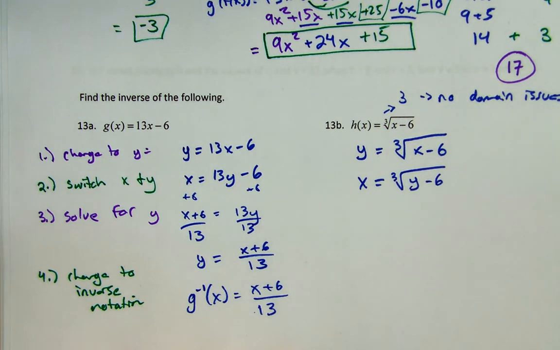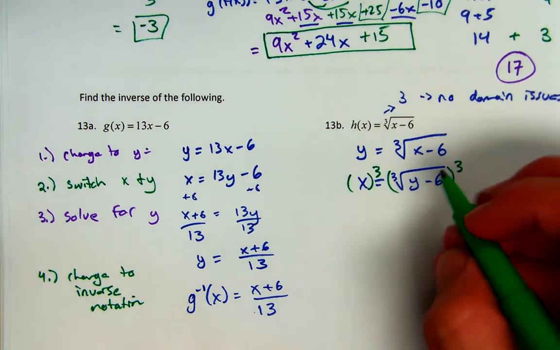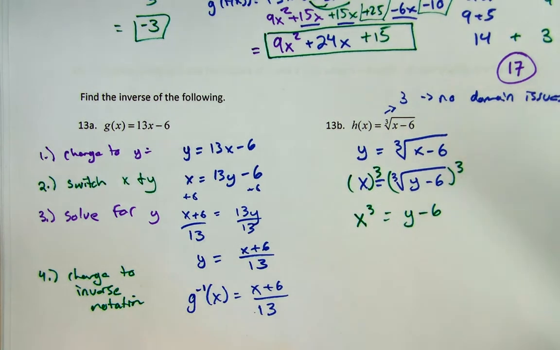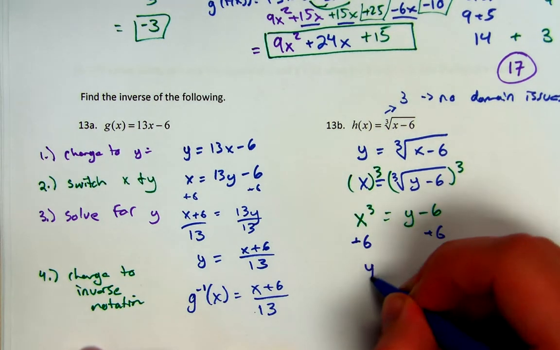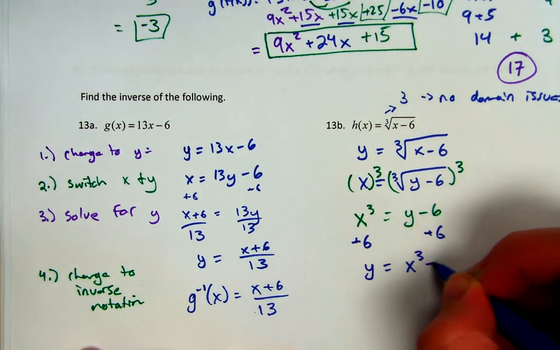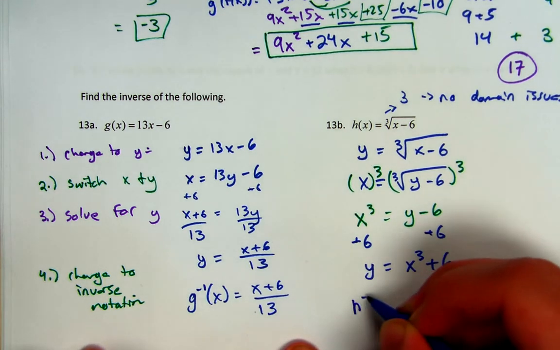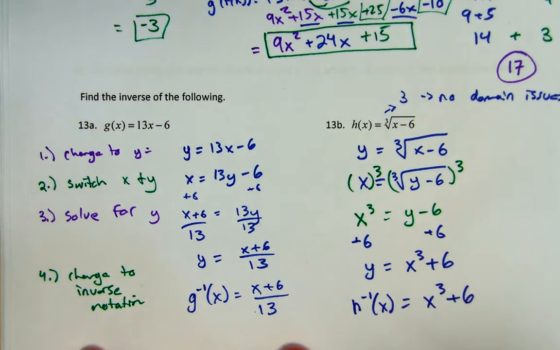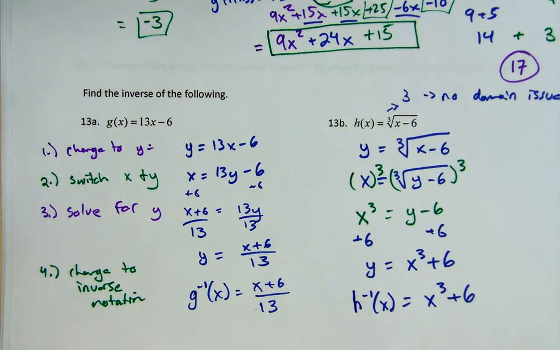If I want to get rid of the cube root, I need to cube both sides. So I've got x cubed equals y minus 6. And finally, add your 6, add your 6. y equals x cubed plus 6. And lastly, we had h, so h inverse of x equals x cubed plus 6. There we go.